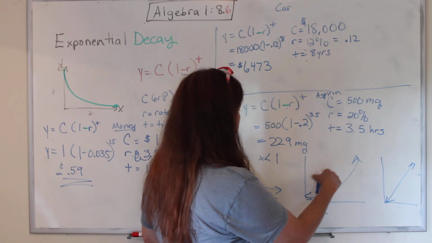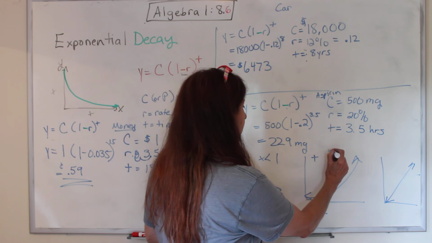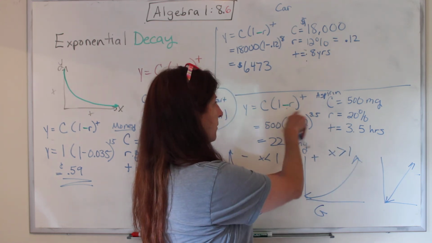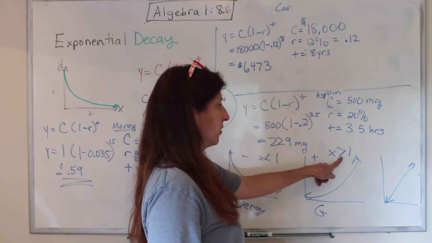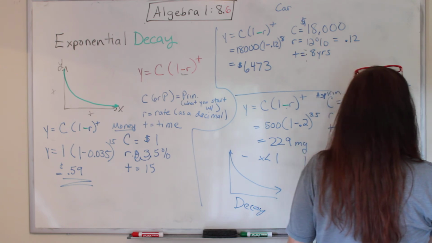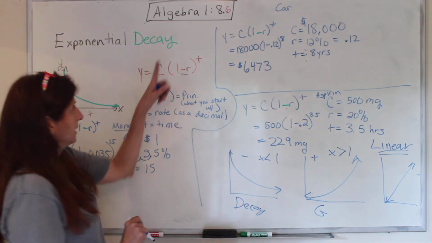So this is a growth. It would have a plus in the formula, and that part of the formula ends up being greater than 1. What if it's a straight line? Then it's linear. It's a linear equation, not an exponential equation.